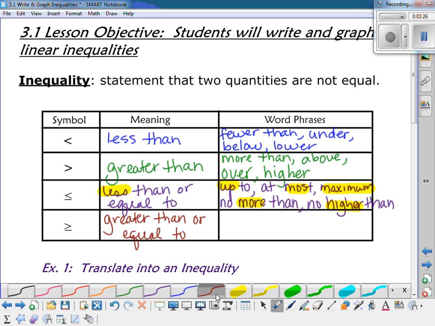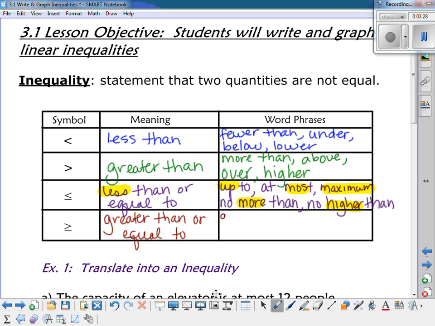And so then for greater than, you might see things like at least. So an example that would maybe work for greater than would be an English teacher requires you to read 30 minutes or more each day. Well, that means it could be exactly 30 minutes or it could be more than 30 minutes. So one way you might say that is you need to read at least 30 minutes.